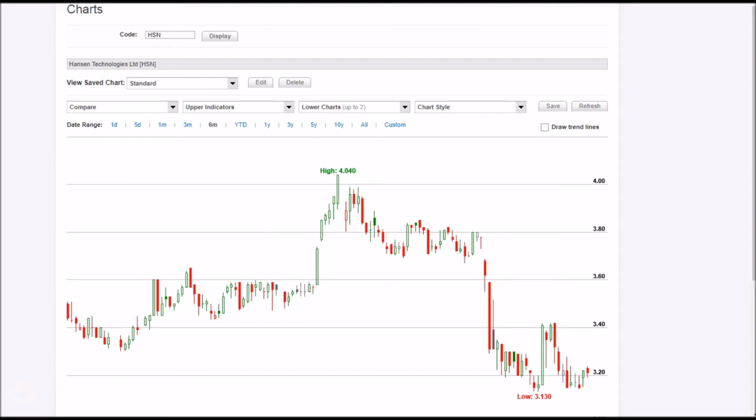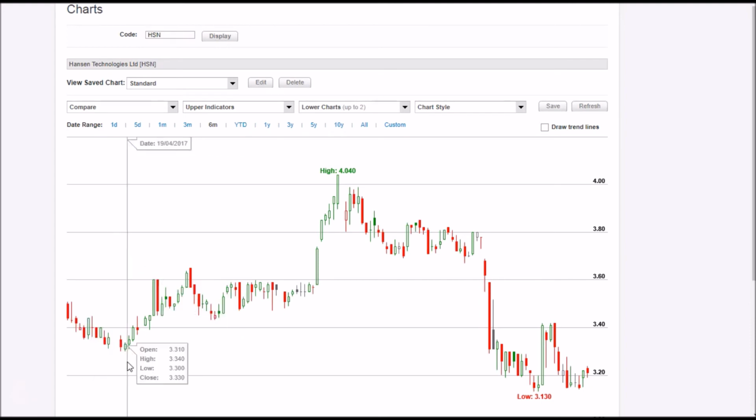Okay, so the second part of analysis is the technical side. Now, as you can see, I keep my charts free of pretty much all indicators.